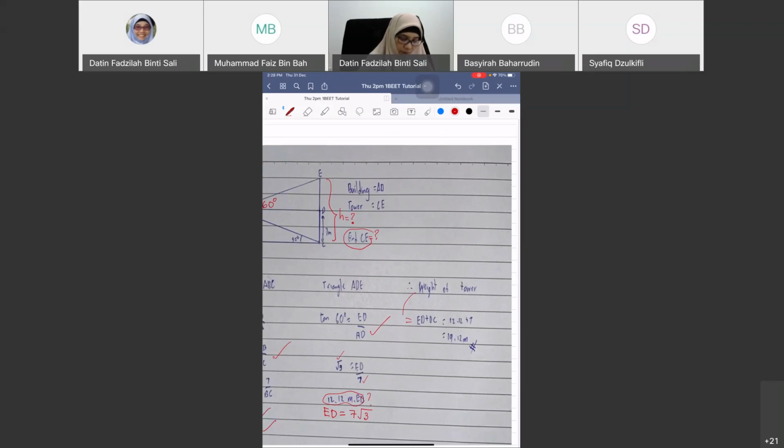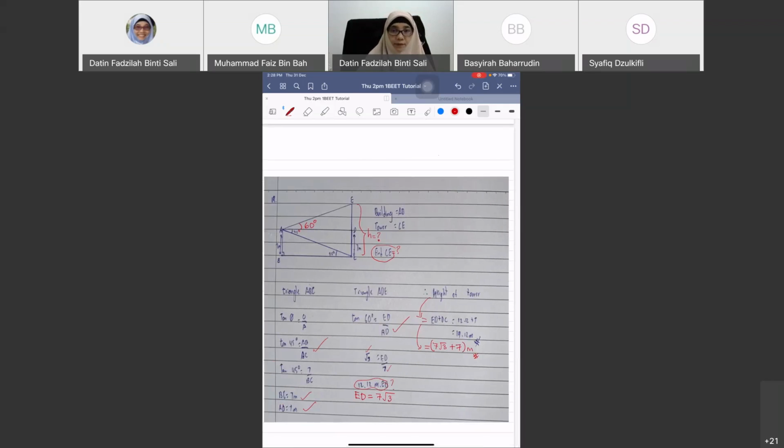Height of tower equals ED plus DC, which is 12.12. So 7√3 is 12.12. Or you can just say that ED is 7√3 plus DC is 7 meter height. Just leave it in terms of exact value, no need to change to decimal. But again, if you use decimal, it's also acceptable.